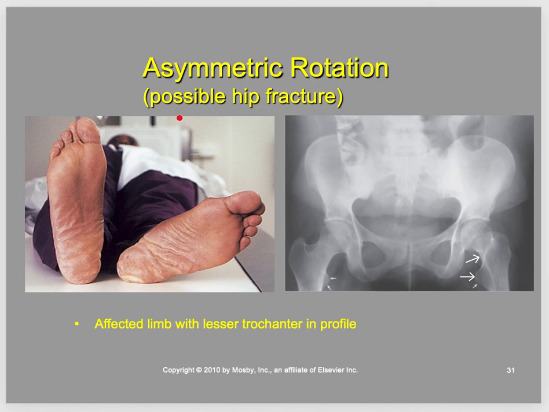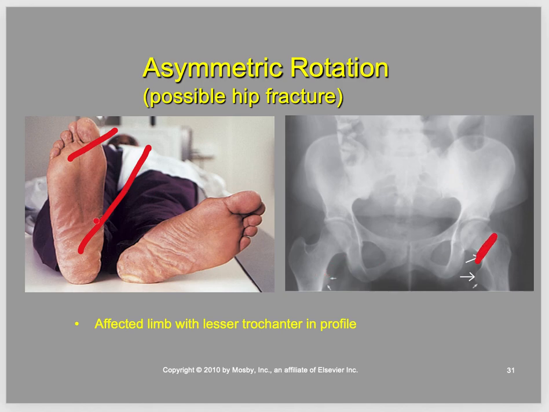So asymmetric rotation, which means a possible hip fracture. So if this patient cannot rotate this leg in, you're just going to have him bring this one up and rotate it in. So this one should be in. This one you're going to leave where it is. The affected limb with the lesser trochanter is in profile, and it's usually a fracture right here in the neck.